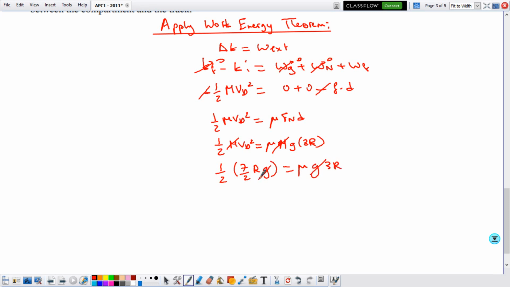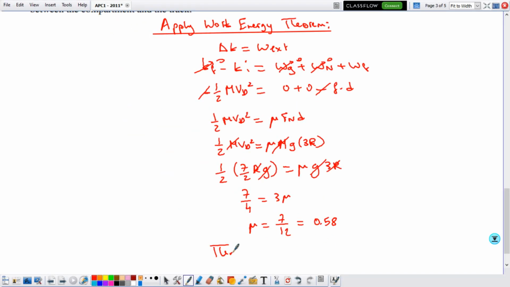Now g with g cancel, R with R cancel. So let me be more precise, that would be 7 over 4 is equal to 3 mu, which means mu is given by 7 over 12. And plugging that in the calculator, mu is almost 0.58. And remember that mu has no unit.